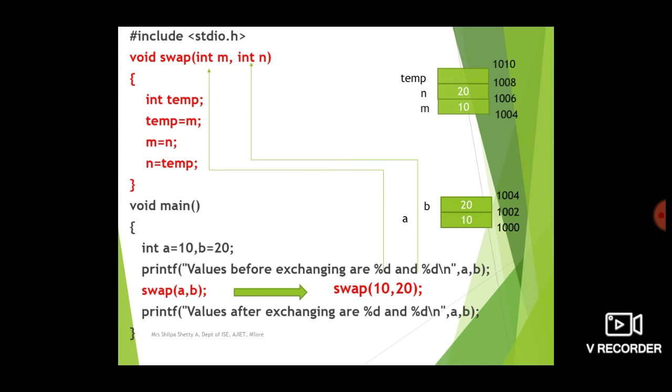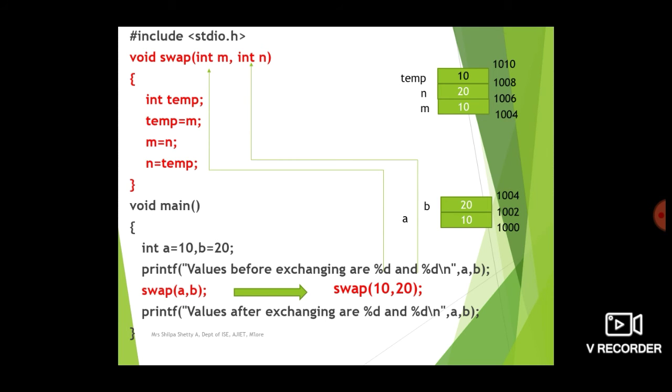Now we have two variables m and n whose values are 10 and 20, and a temporary variable which has no value because we have simply written int temp. Next we have written temp is equal to m. What is the value of m? It is 10, so temp becomes 10. Then m is equal to n.